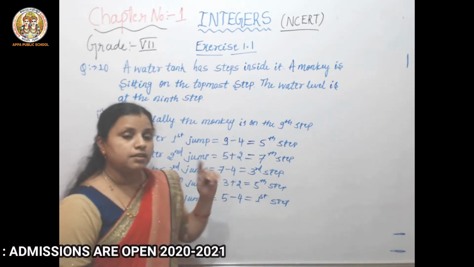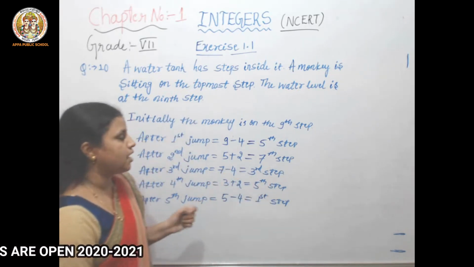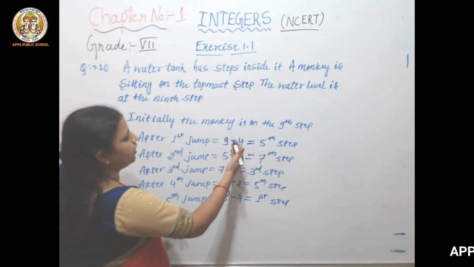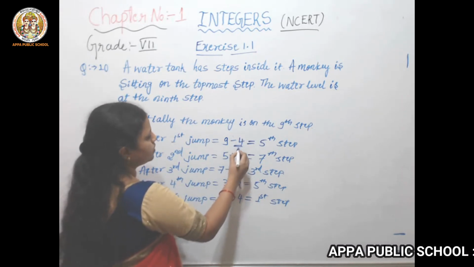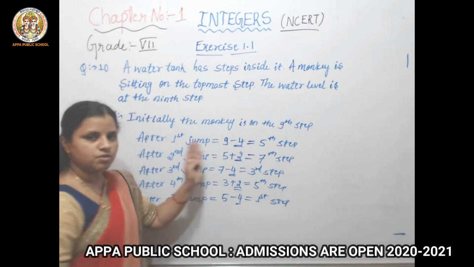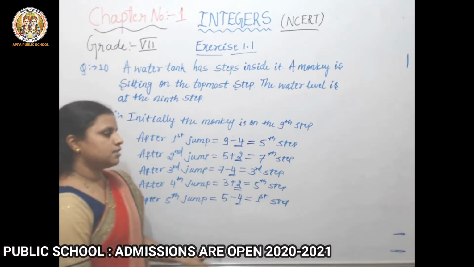So here, earlier we had the sequence 3 minus 2 like that. And here we have minus 4, plus 2, minus 4, plus 2, minus 4. So here also we are following a sequence.